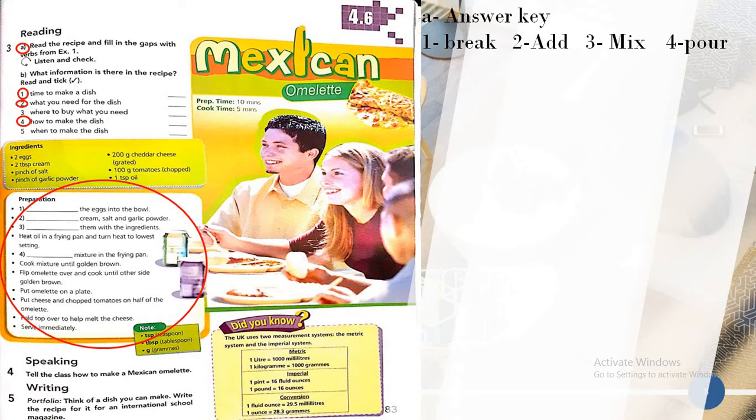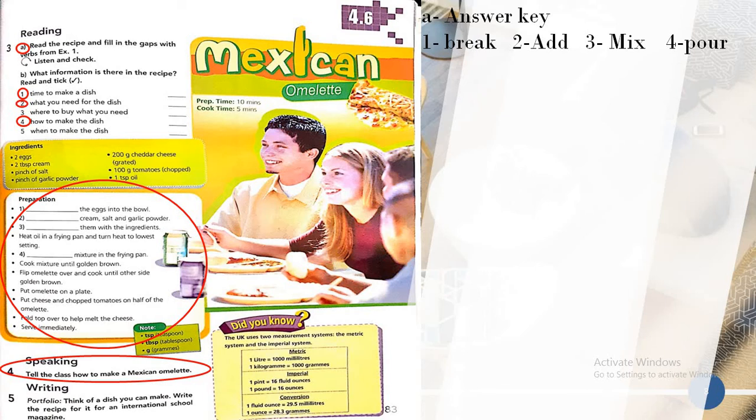Good. So now let's directly go to speaking. Tell the class how to make a Mexican omelette. Okay, so you now know the ingredients.